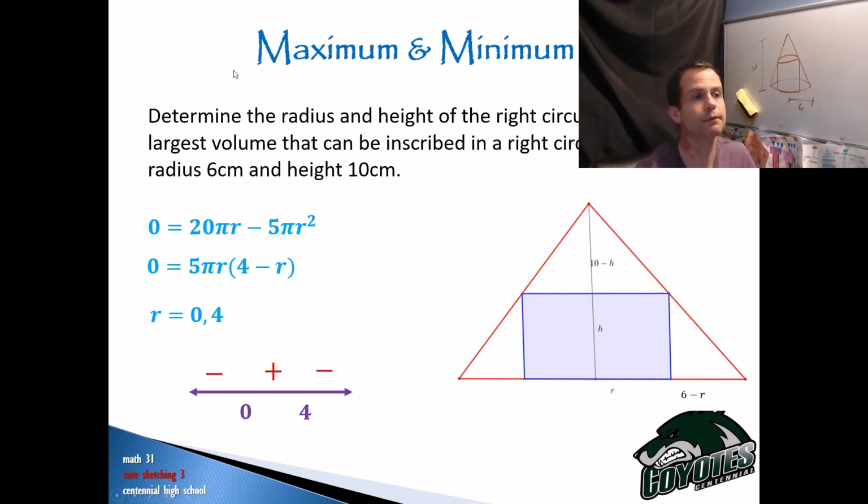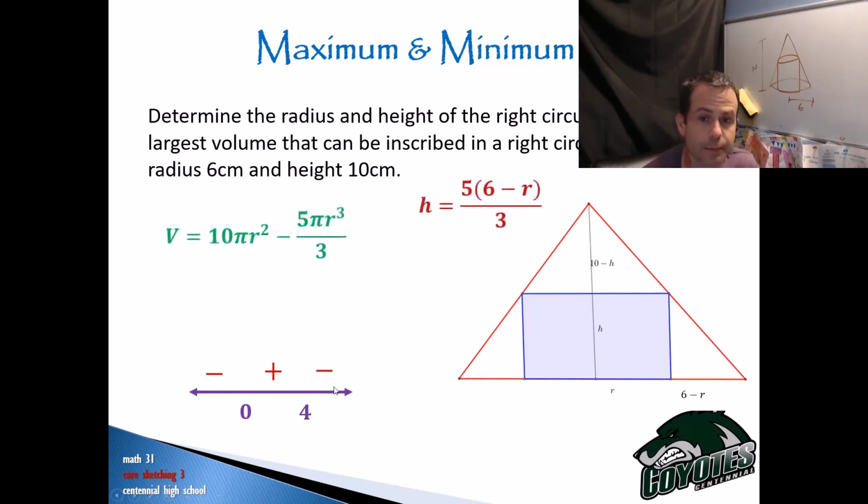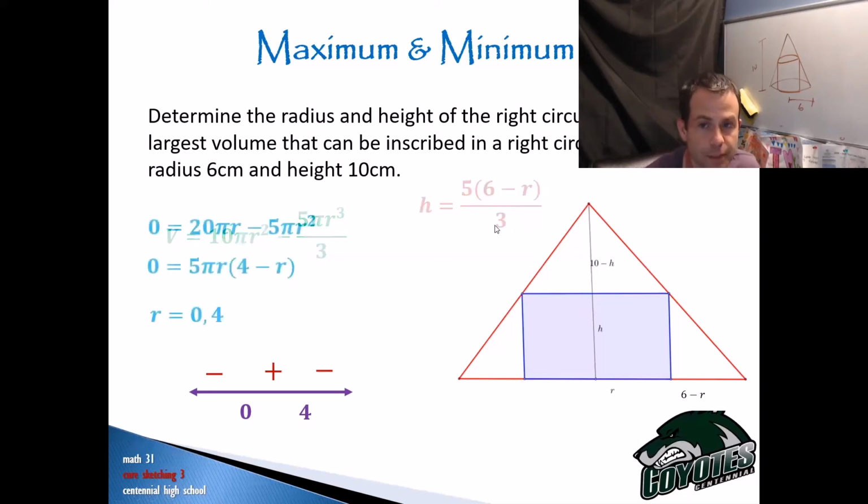So I am looking for a maximum point. So remember, a maximum point will occur when I go from positive to negative. So I can see algebraically that I would have a maximum at 4 here. So I know that my radius has to be 4. And then I threw this back up on the PowerPoint because if I know my radius is 4, I can actually plug that in and figure out what my h value has to be as well.